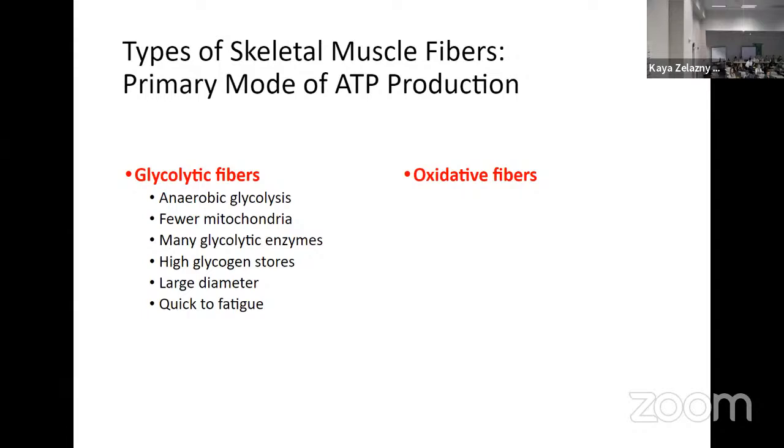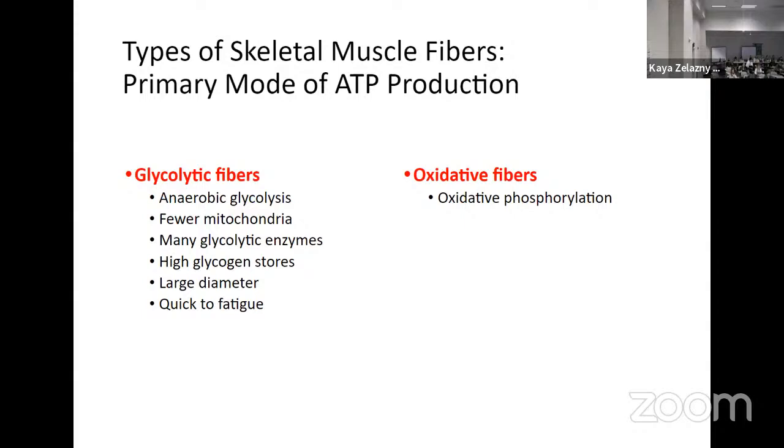So our opposite type of fiber here is going to be the oxidative fiber. The oxidative fibers are adapted for oxidative phosphorylation. So that's where we get a lot more ATP at the end of our full aerobic respiration, our breakdown of glucose.